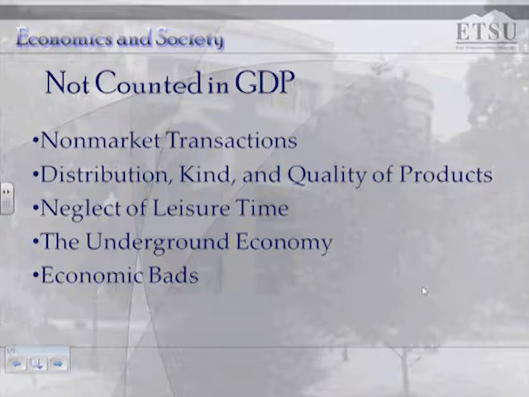An underground economy may also exist because of tax avoidance. So it can be not only illegal activity, but it could be just that maybe I buy something from someone on eBay and don't pay sales taxes on it or something like that. These things might not be picked up.